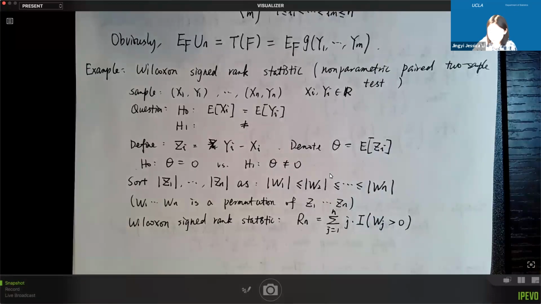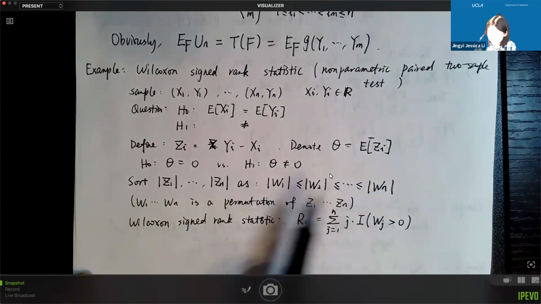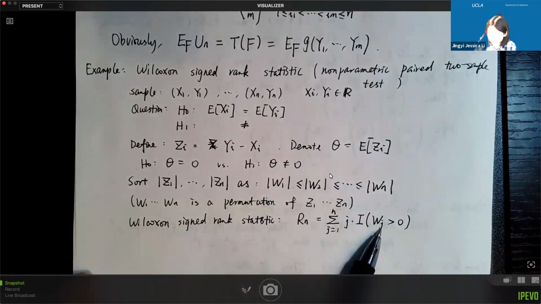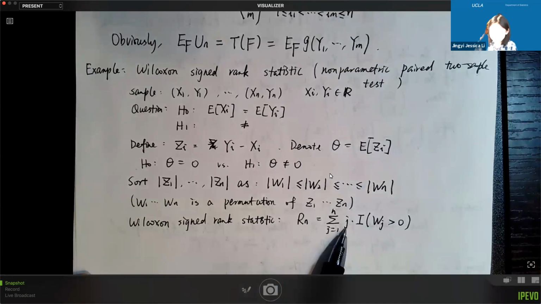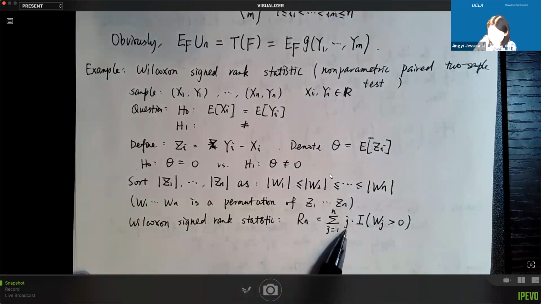So in other words, we follow the order from W1 to Wn. If that Wj is positive, the indicator value is 1, and we add j into the sum. Otherwise, if it's negative, we have a 0 in the sum, because the indicator gives us 0.